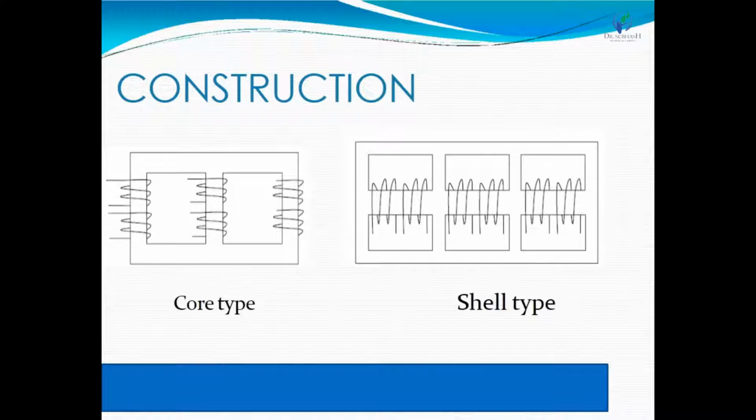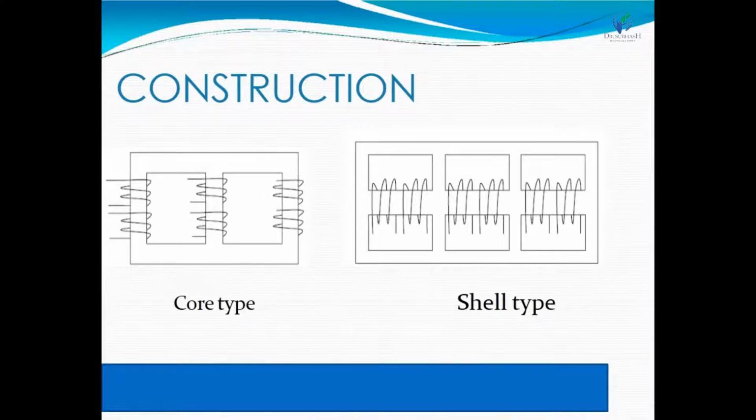Now, the construction of the shell type transformer is shown in this slide. The construction of a three-phase shell type transformer is similar to the single-phase shell type transformer. The main advantage of using a three-phase unit over a bank of single-phase transformers is that it occupies less space for equal rating, weight, etc. It costs about 15% less.